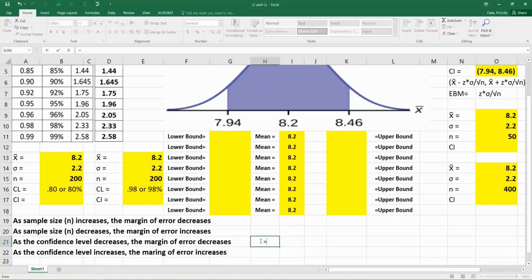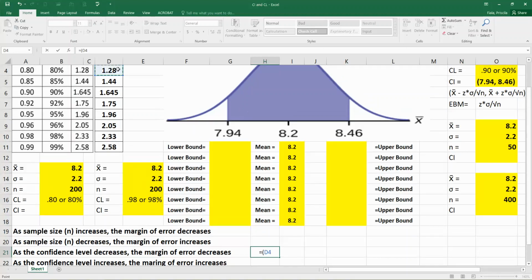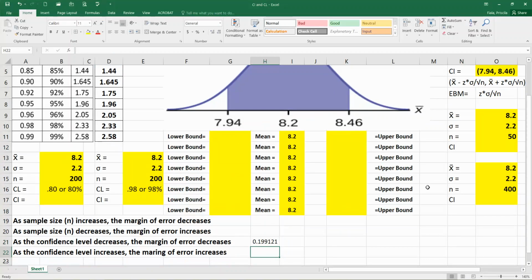So instead of 90%, I have an 80% now. I typed the values here so I could refer to them. For 80%, we have 1.28 instead of 1.645 for the 90%, times my standard deviation, which was 2.2, and we're going to keep the sample size as 200. So right here we'll have about 0.20.